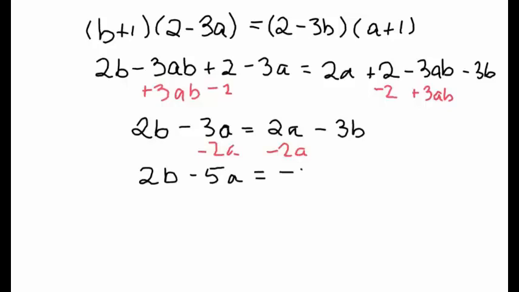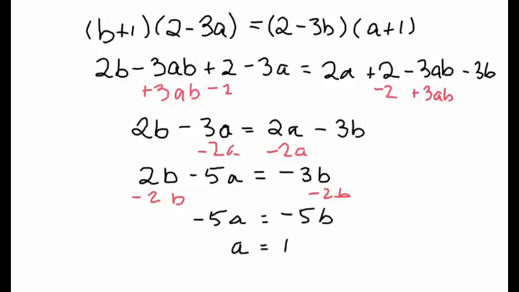And on the right-hand side, we're going to have negative 3b. And then finally, to finish everything up, let's collect our b's. So subtract 2b from both sides. And this will give us negative 5a is equal to negative 5b. Dividing through by negative 5 is going to give us a is equal to b.